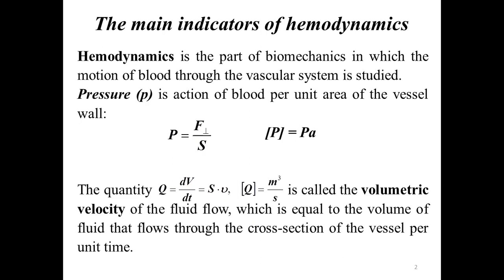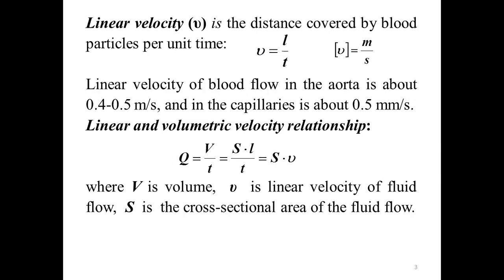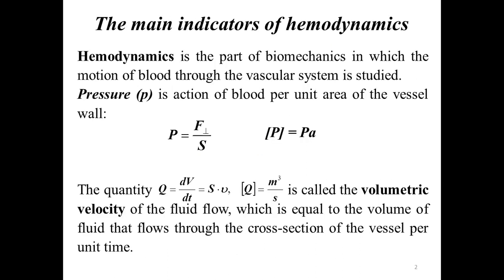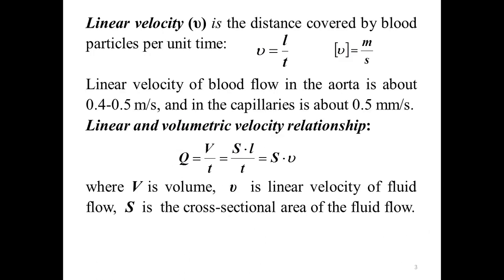Another main indicator of hemodynamics is linear velocity, which is the distance covered by the blood particles per unit time, and the volumetric velocity, which represents the rate of volume change, or volume of our fluid that flows through the cross-section of the vessel per unit time.